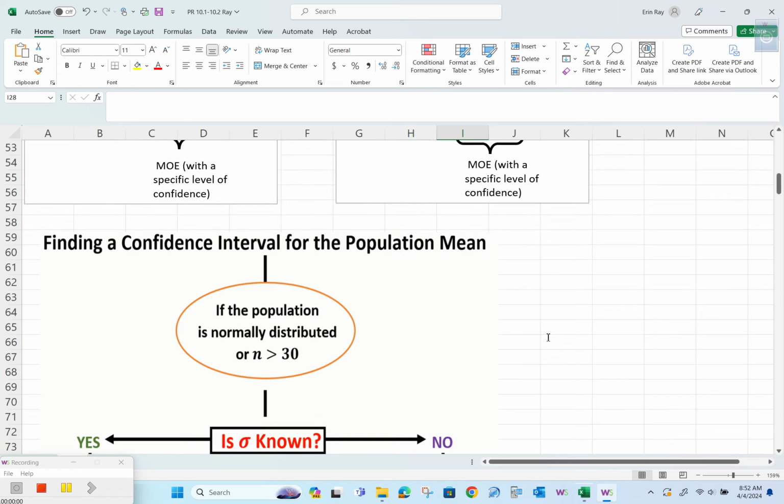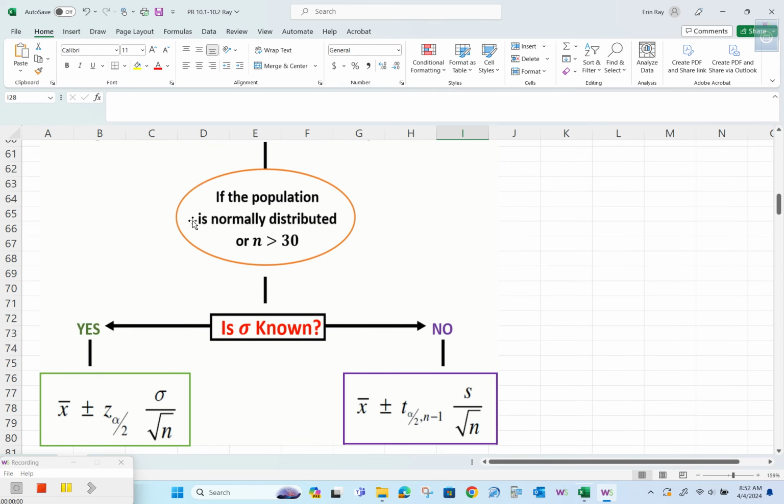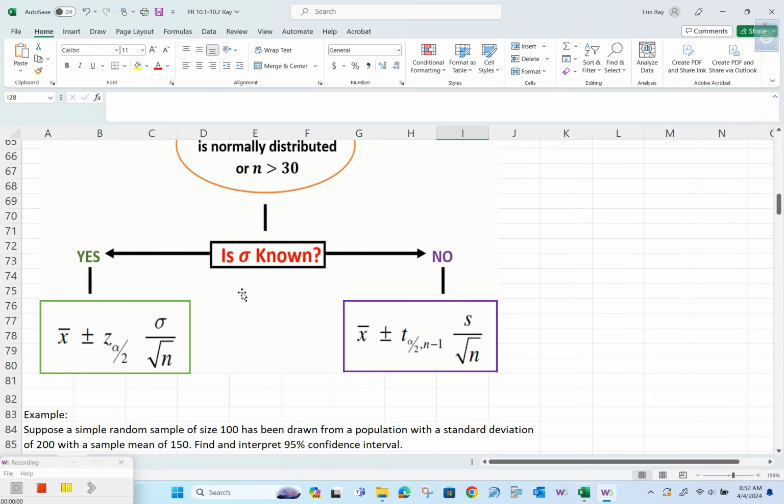So this very first thing we're going to do is make sure that all of our situations are normally distributed, or we have n greater than 30. Okay, those mean the same thing, means we can use Excel formulas to do our math. Okay. Second thing we're going to look for, and we're going to focus on the yes first, is the population standard deviation known? Because if so, that's how it correlates to a normal distribution with this formula and using z-scores.